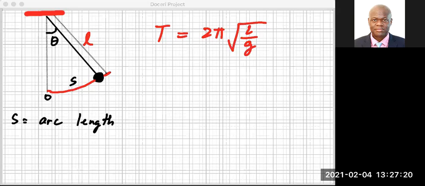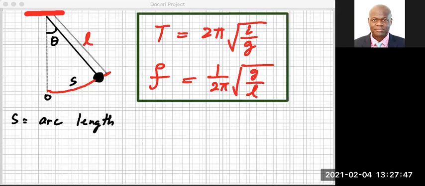And since frequency is 1 over the period, you just flip this equation: the frequency will be 1 over 2 pi, times the square root of g divided by L. So that's the period and frequency for a simple pendulum.